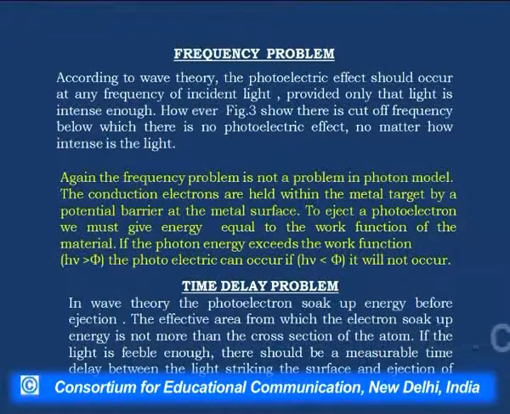The work function means the energy with which the electrons are bound to the metal surface. So, if the energy of the incoming particle, this photon, is more than this, there is emission of electrons and a photoelectric effect. If the energy of the incoming photon is less, there is no emission.